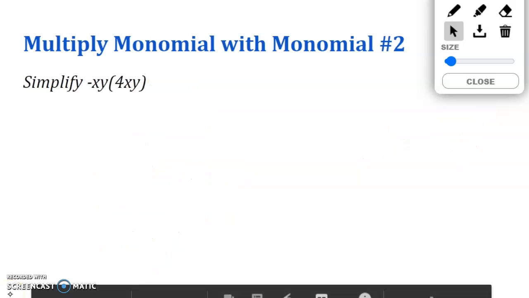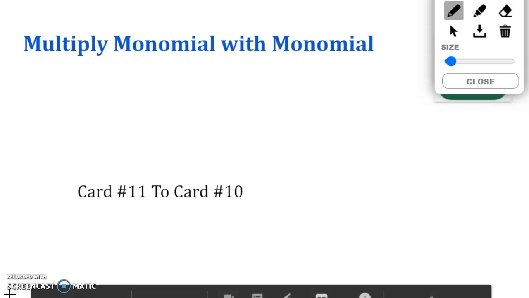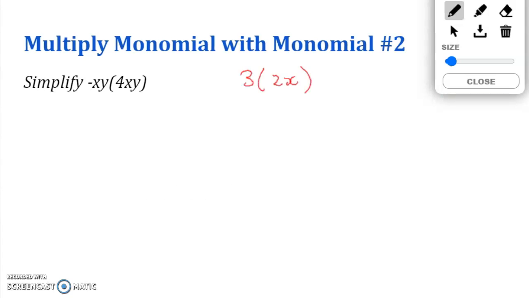Okay, let's try to simplify negative xy parenthesis 4xy. What does this parenthesis mean? If you have 3 parentheses 2x, what does that mean? There is an invisible multiplication operation between the number or variable and a parenthesis.